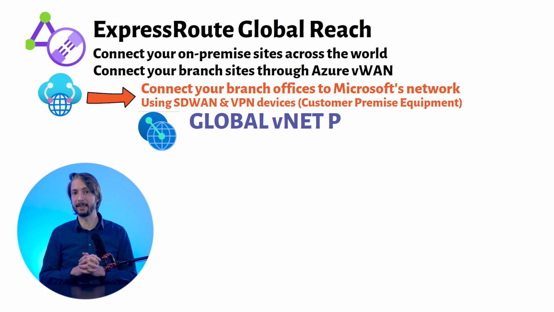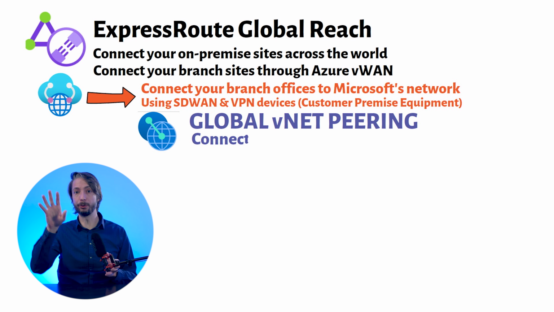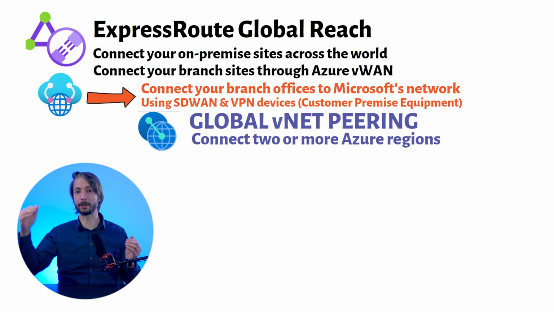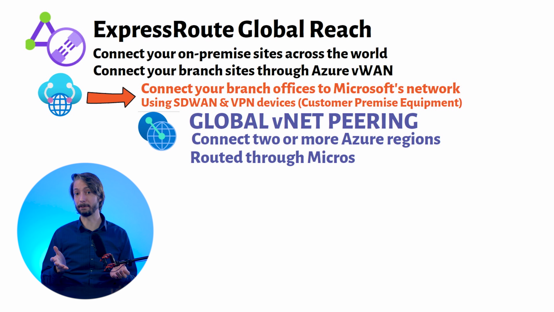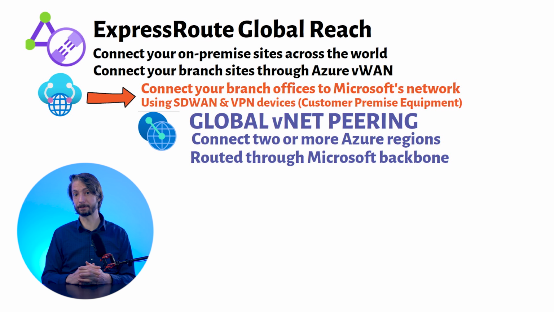Global vNet peering enables customers to connect two or more Azure virtual networks across regions seamlessly. Once peered, the virtual network appears as one. The traffic between virtual machines in peered networks is routed through the Microsoft backbone. You can think of it much like the traffic routed between virtual machines in the same virtual network, through private IP addresses only, of course.